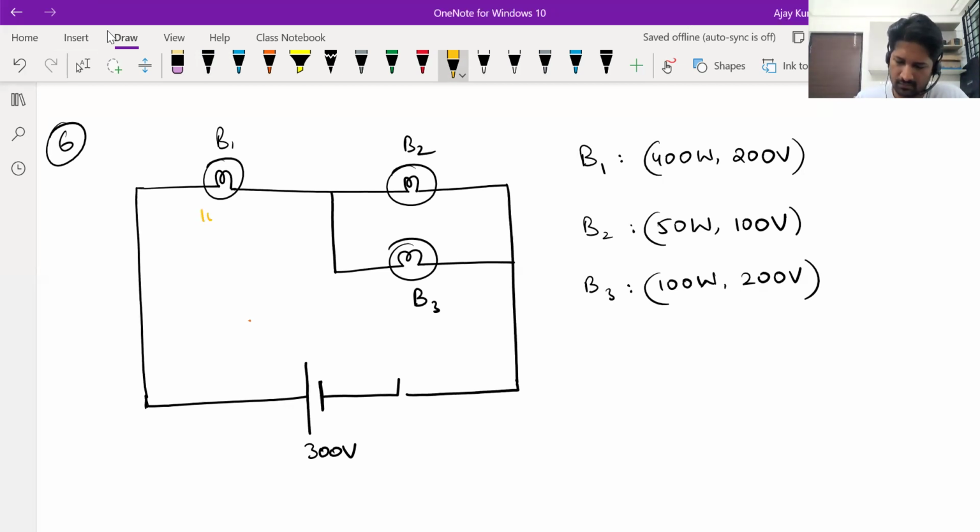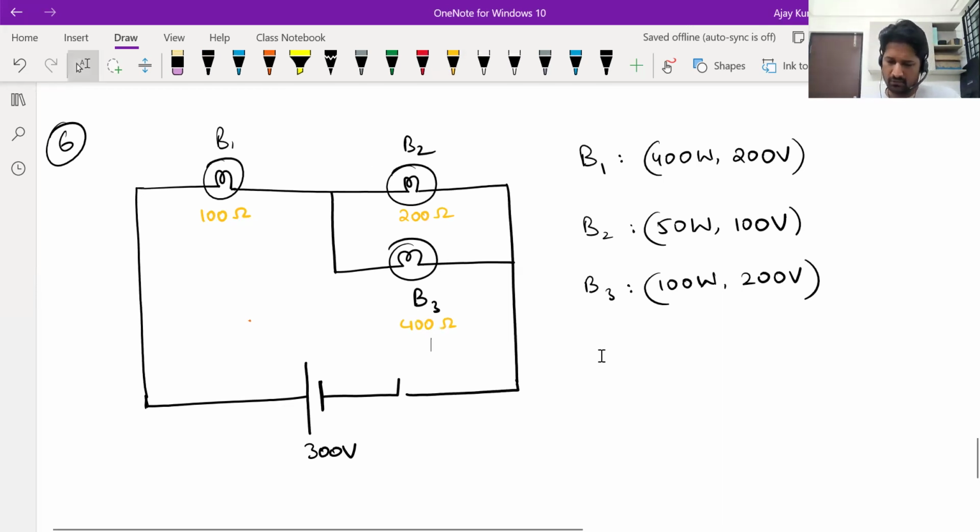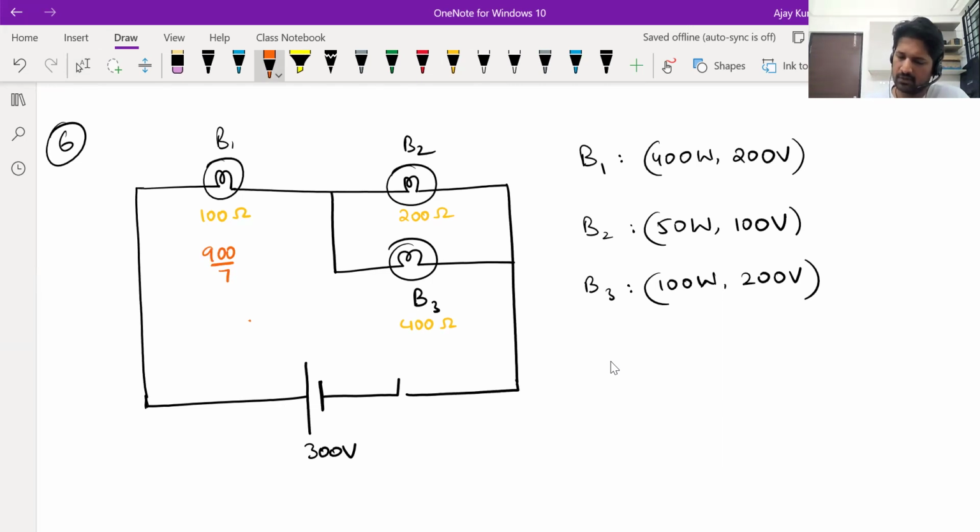But this time B1 doesn't fuse. This was 200 ohms and this was 400 ohms. 200 and 400 together becomes 400 by 3. Ratio 3:4. Then B1 gets a voltage of 900 by 7 volts. The moment you close the switch, it will get 900 by 7 volts. The B2, B3 combination gets a voltage of 1200 by 7 volts.